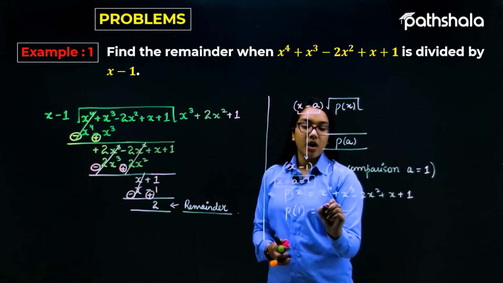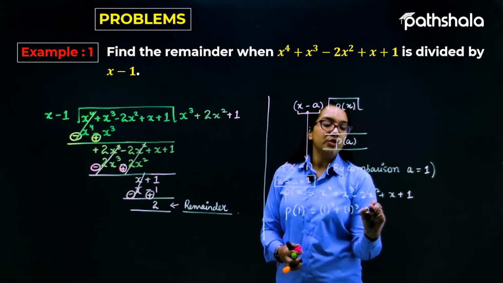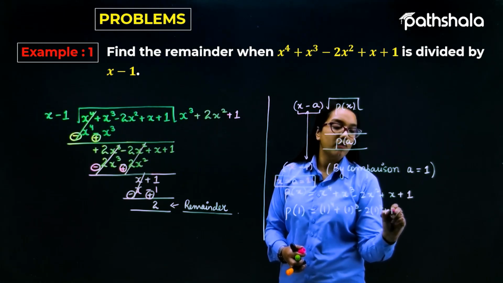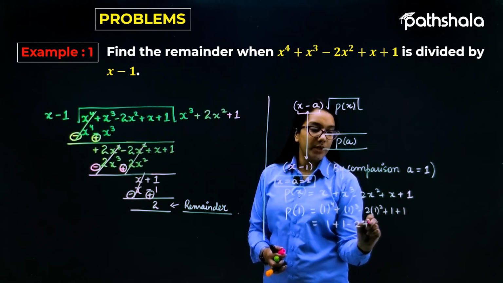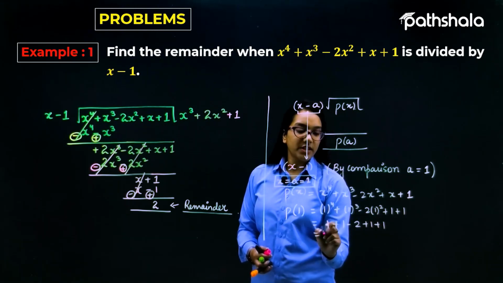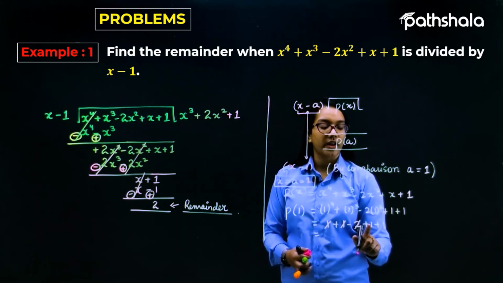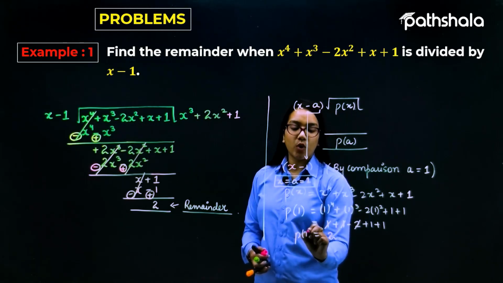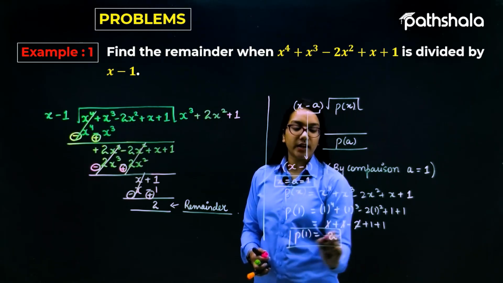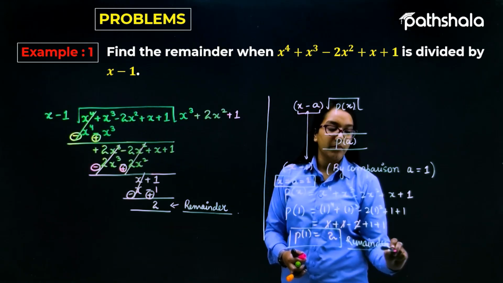So it would be 1 raised to the power 4 plus 1 raised to the power 3 minus 2 times 1 raised to the power 2 plus 1 plus 1. Now solve it: 1 plus 1 minus 2 plus 1 plus 1. 1 plus 1 is 2, and the 2 and minus 2 cancel with each other. So at the end, plus 1 plus 1 is 2. The remainder that we are getting is 2.